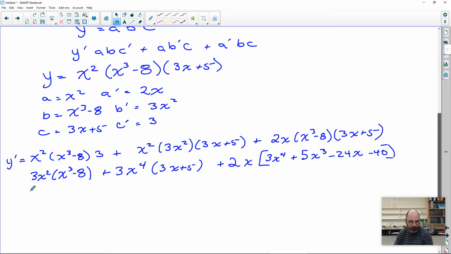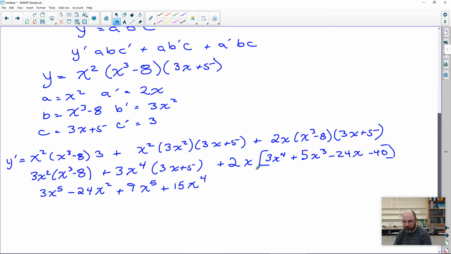Okay, so this one's going to be 3x to the fifth minus 24x squared. Okay, this one's going to be plus 9x to the fifth plus 15x to the fourth.